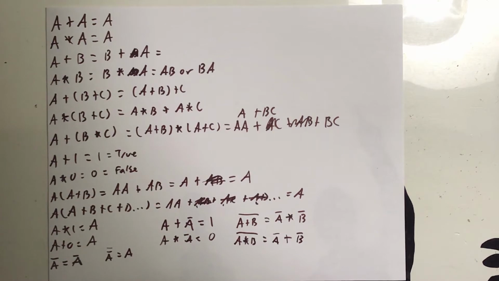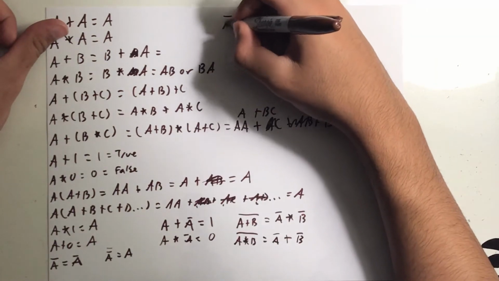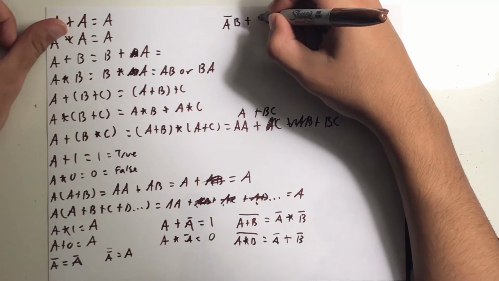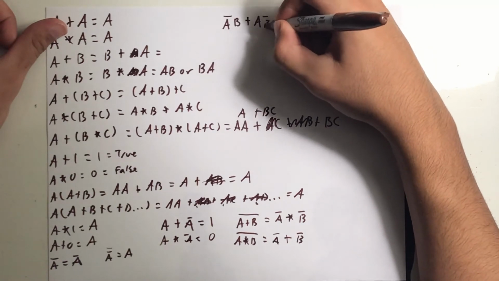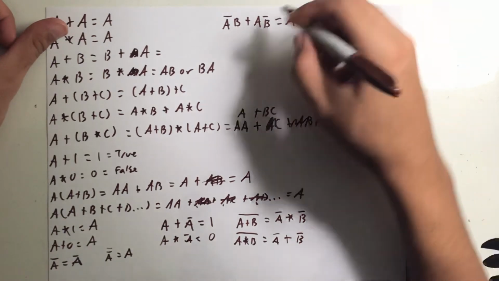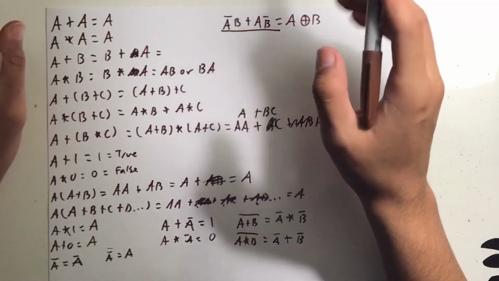And then we get into exclusive OR. Basically, the main thing for exclusive OR is to memorize this: not A, B, plus A, not B, equals A exclusive OR B. You have to memorize this. This is very important. This comes out a lot.